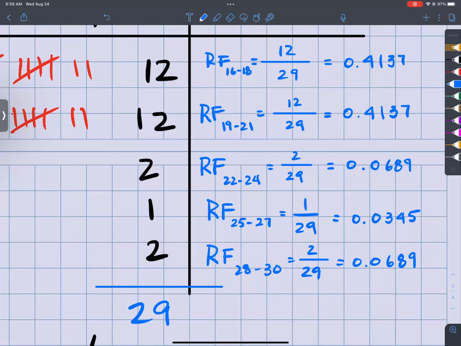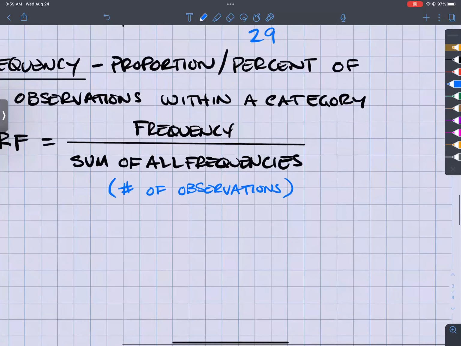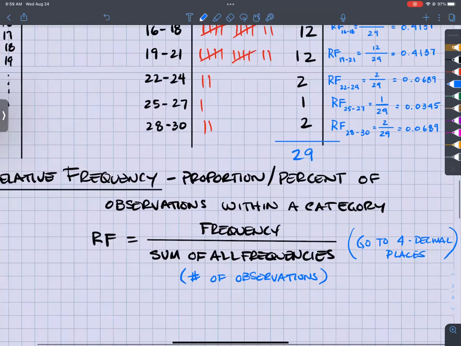And here's the thing. That's pretty darn good right there. So when we talk about the relative frequency, let's put over here, go to 4. Usually 4 is pretty significant. Typically 3 is pretty significant, but let's do 4.